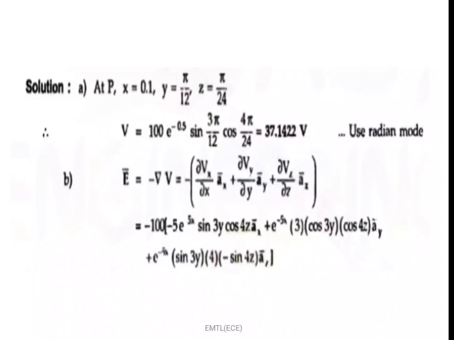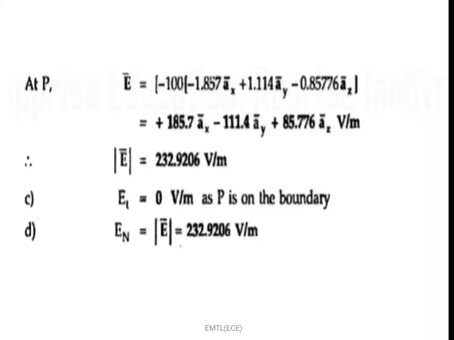The differentiation of cos 4z is minus 4 sin 4z, Az bar. In these three terms there is a common 100, so just write it before the bracket. So this is the electric field intensity value.